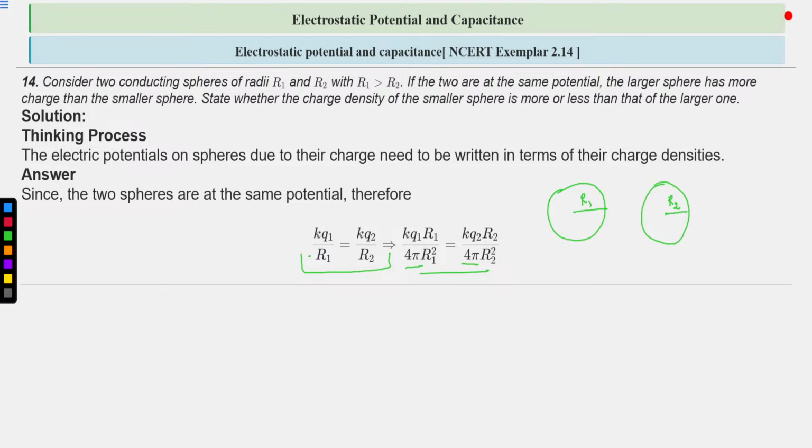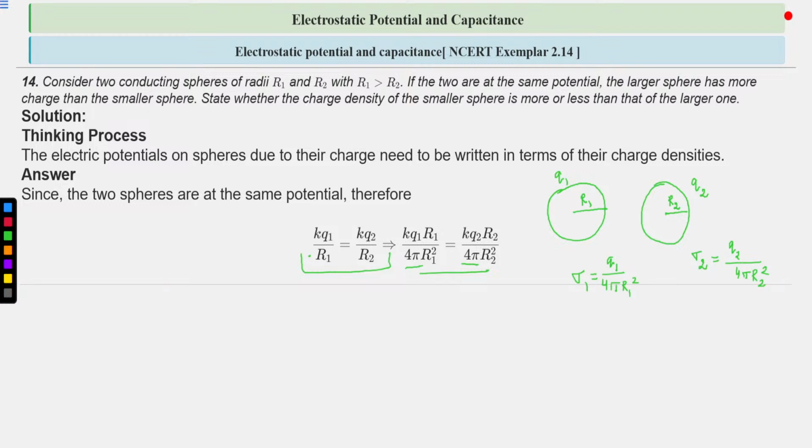There is some charge q1 on this surface and q2 on this surface. We want the surface charge density. The surface charge density of this conducting sphere is q1 upon 4 pi r1 square, and this is sigma 1. The surface charge density of the second sphere, sigma 2, is q2 upon 4 pi r2 square.